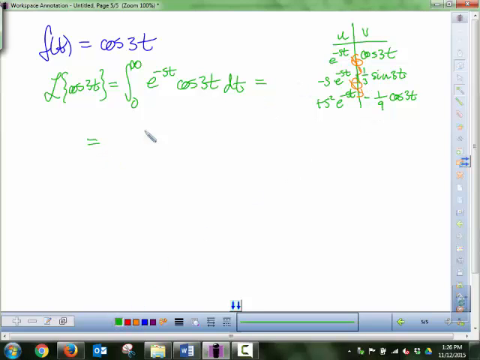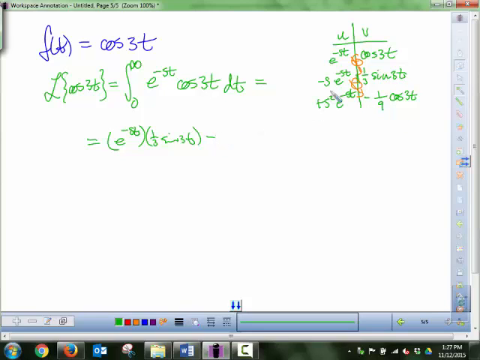So this is going to be equal to u and v. So that's e to the negative st, that's u, and then v is going to be 1/3 sine 3t, minus the integral of v du, and this is du over here, and this is the v, the integral of that is this.